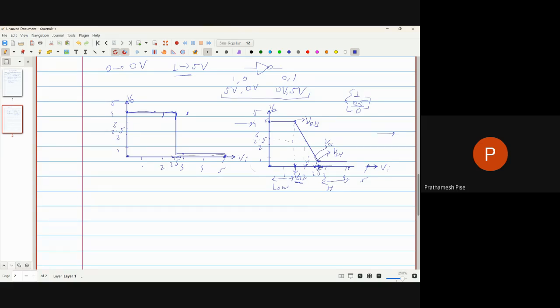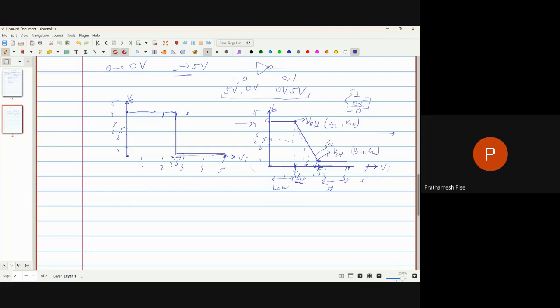So you can calculate the output by finding the equation of this line, and you can find the equation from these VOH and VIL. So basically I will write it here. For this point, the x coordinate is VIL and the y coordinate is VOH. And for this, the x coordinate is VIH and the y coordinate is VOL.